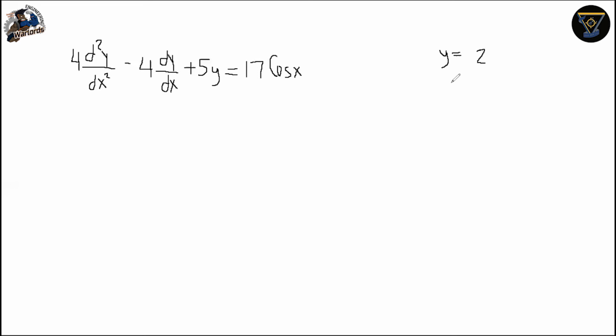You said dy over dx equals minus a half when x equals 0. All right. So we can just go and solve this then, right?